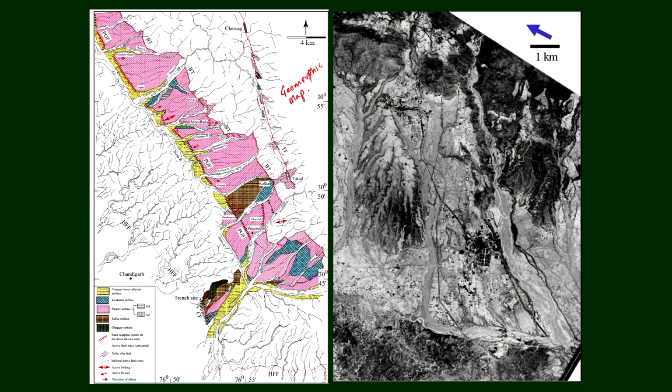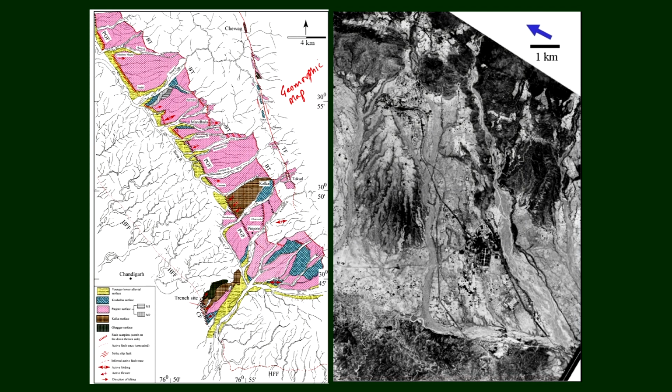Since we have incorporated not only the landforms, these are all landforms which have been marked with pink, yellow and different colors. These are all terraces marked here, alluvial fan surfaces as well as the terraces. Along with that, we have also marked with the red line the faults which are displaced.